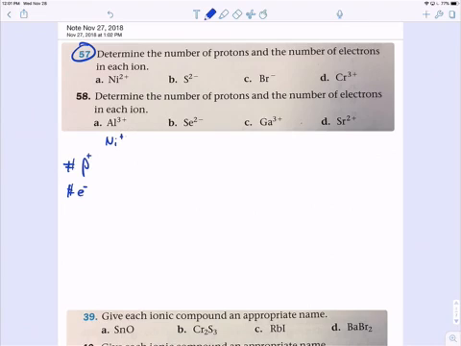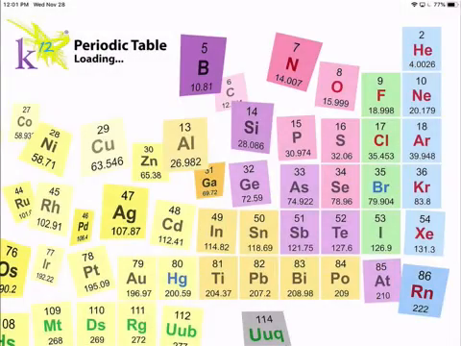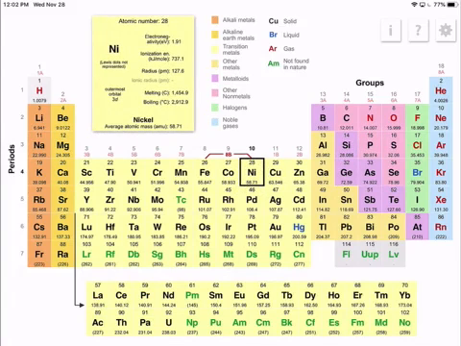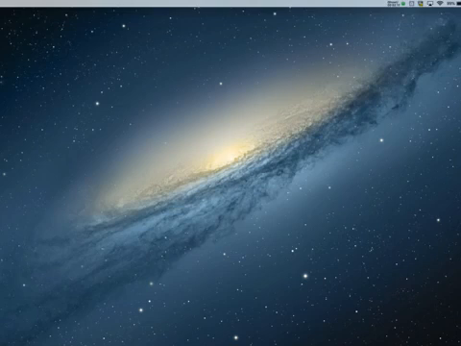So, Ni plus 2. And to do this, you look at the periodic table. Nickel is right here. It's element number 28. So number 28 means 28 protons.